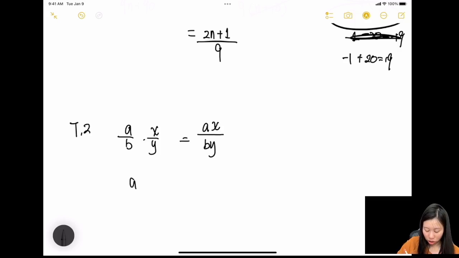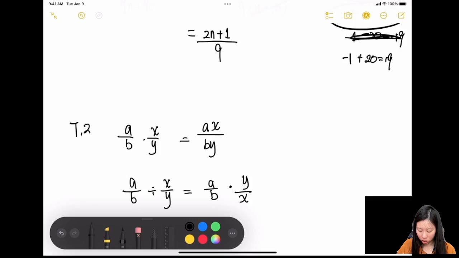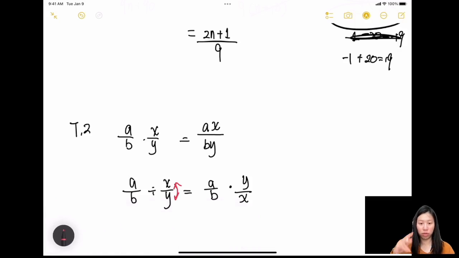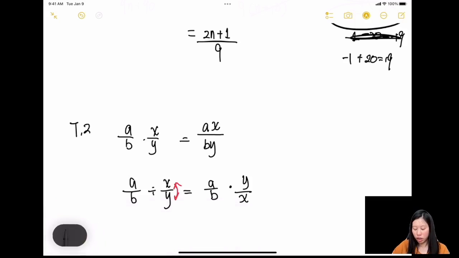If it's a division, a over b divided by x over y, we flip the second fraction first. We have a over b times y over x. So you flip it upside down, which is the reciprocal, and then you just follow the multiplication rule, which gives ay over bx.